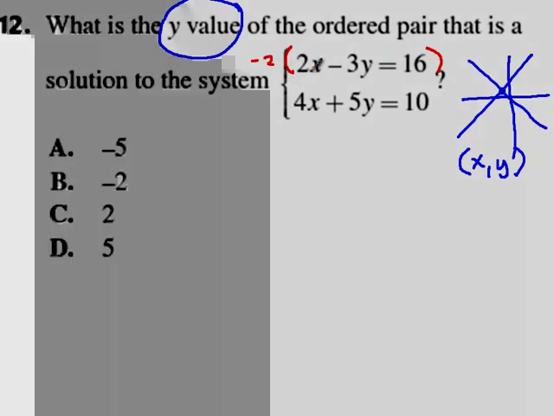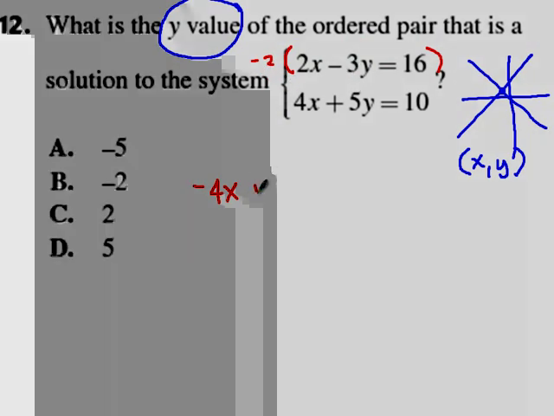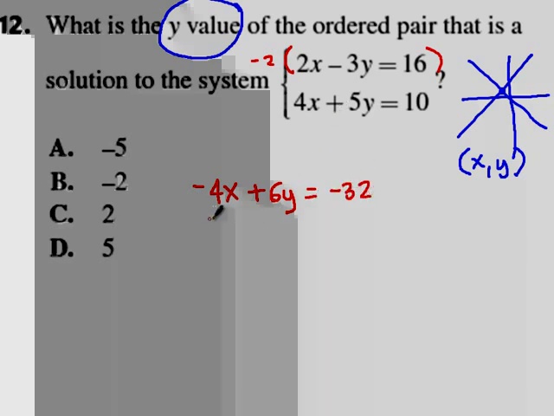And what do we have? -2 times positive 2x is negative 4x. -2 times -3y is positive 6y equals -32. And then we just copy the second equation, 4x plus 5y equals 10.